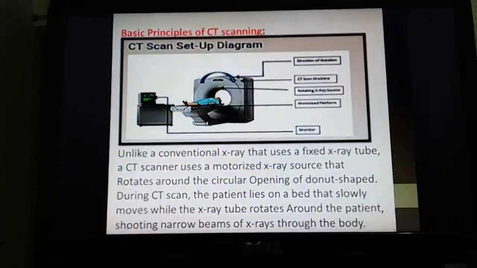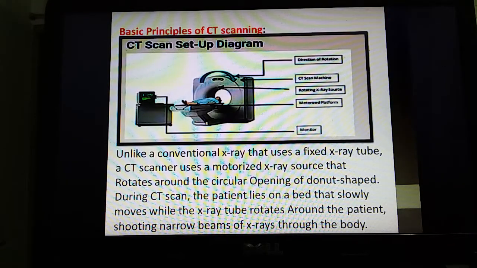Then the basic principles of CT scanning. What are the basic parts of a CT scan machine? First of all, if we observe the diagram over here, this is a diagram of a CT scan machine, where the machine includes a rotating X-ray source and a motorized platform where the patient is allowed to lie.